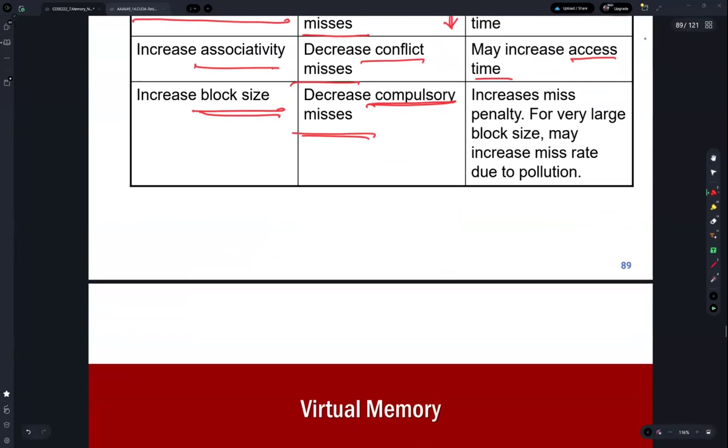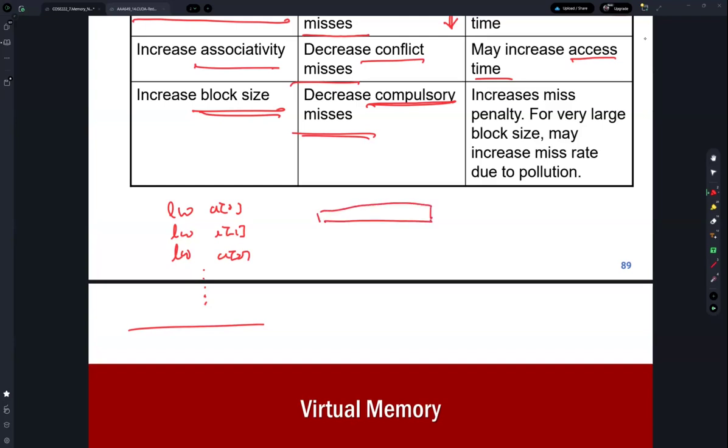Think about load word A0, load word A1, load word A2, right? For the array data, if we just increase the block size, then this block will include A0, A1, A2, and so on.